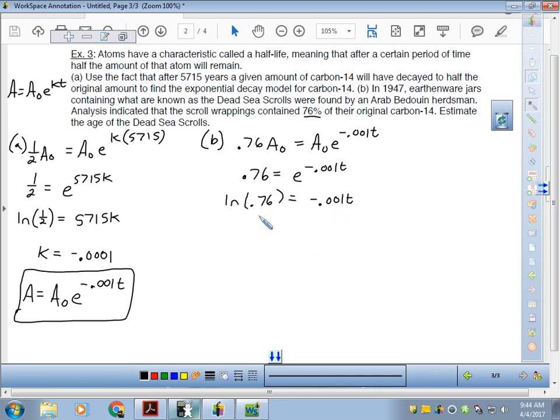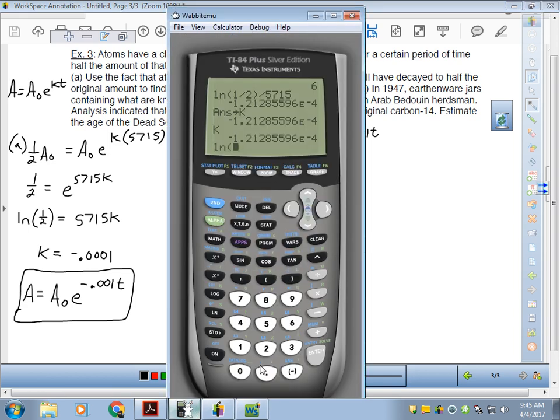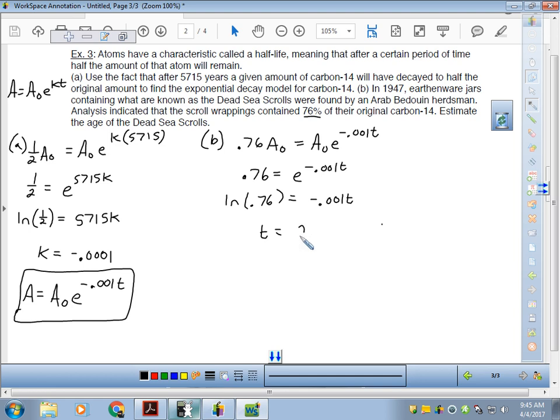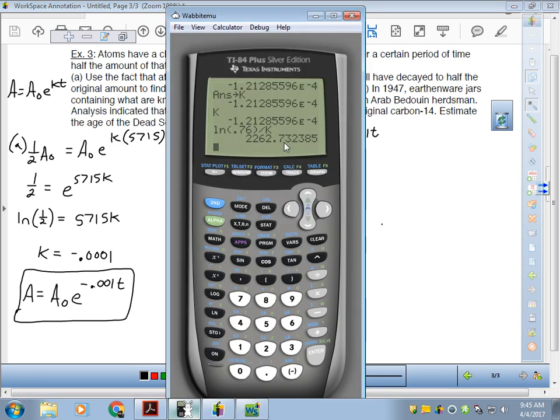And then divide the negative 0.001 across. So natural log of 0.76, divide that by our k. And there we go, 2262.732.